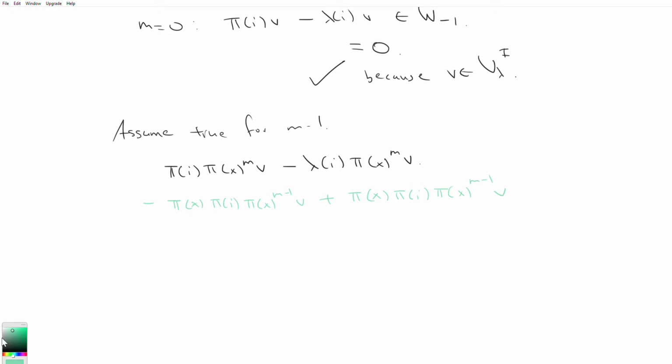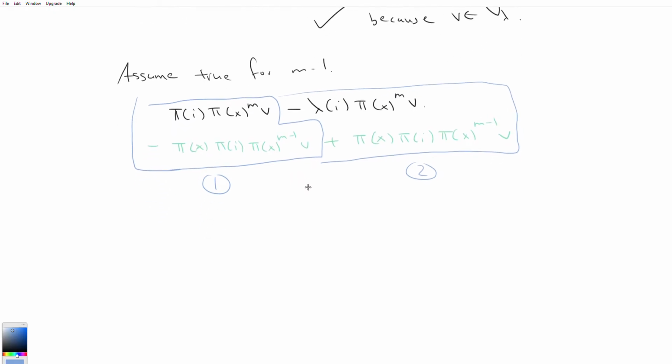So now we're going to look at these two separate pieces. We're going to look at this piece, and we'll call this piece 1, and then we'll look at this piece here, which we'll call piece 2. So piece 1 can be written as follows. It's pi of I, pi of x, times pi of x to the m minus 1 times v, minus pi of x, pi of I, times pi of x to the m minus 1 v.